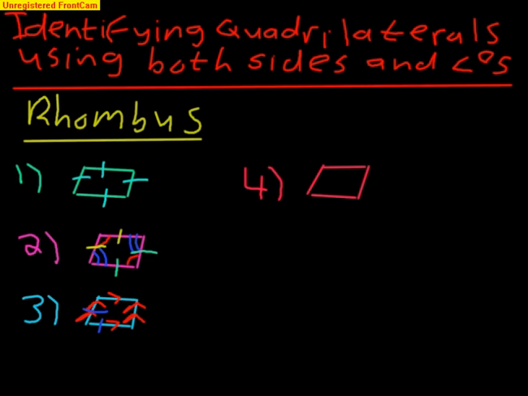Finally, the last possibility to classify a quadrilateral as a rhombus is if one of the pairs of sides are equal and parallel, and once again if a pair of adjacent sides are equal. For example, this side and this side meet to form this vertex.